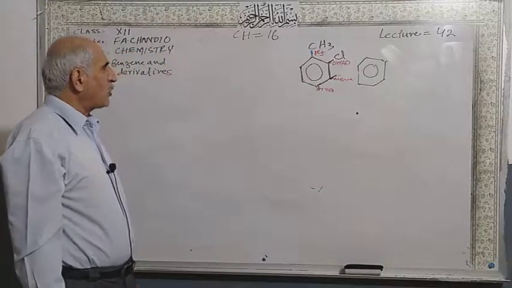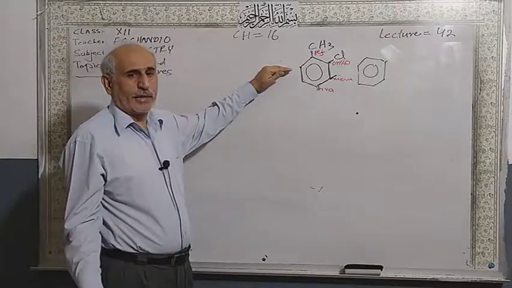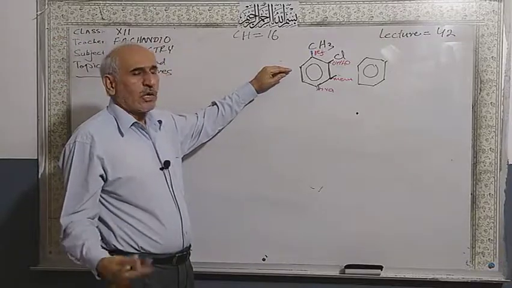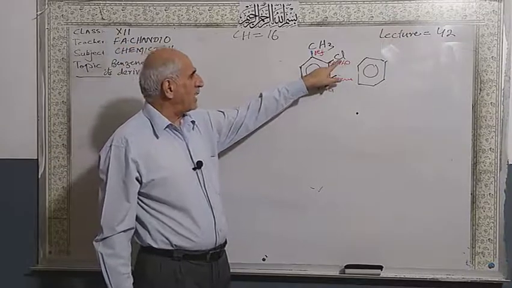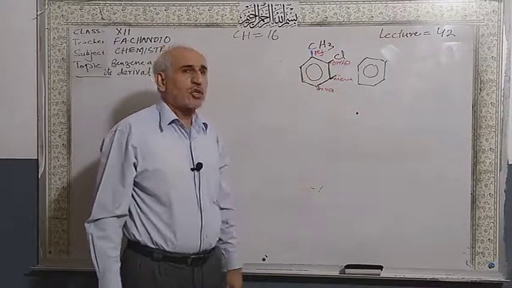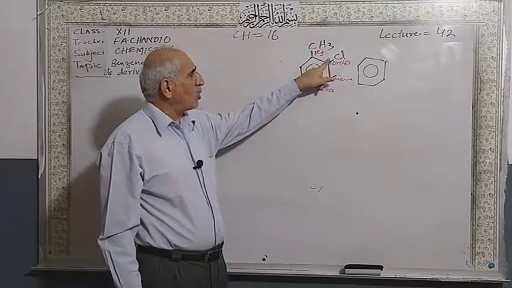When you give the name, mostly we use alphabetical order, A, B, C. This is the ortho position and there is a chlorine, so we call it orthochloro.